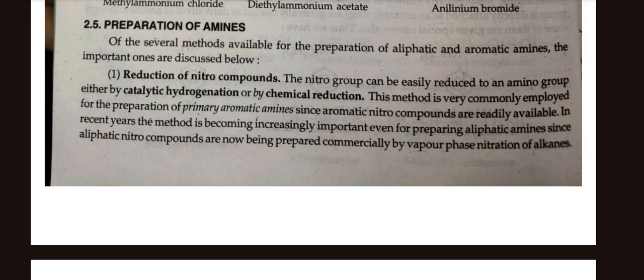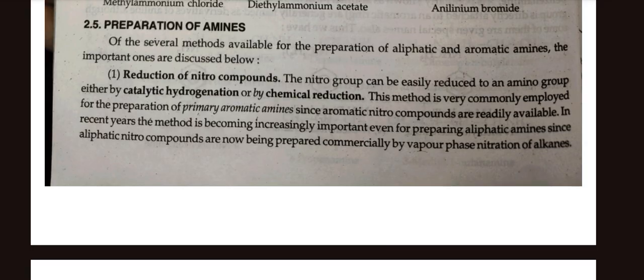Preparation of amines. There are several methods available for the preparation of aliphatic or aromatic amines. The important ones are discussed below. First, reduction of nitro compounds. The nitro group can be easily reduced to an amino group either by catalytic hydrogenation or by chemical reduction.